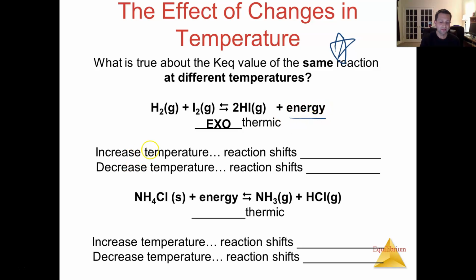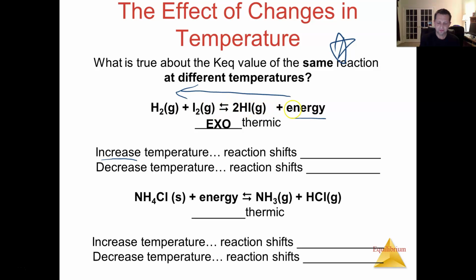An increase in temperature means your reaction then wants to try to decrease the temperature. So the stress is increasing the temperature. The reaction will shift in a way as to use up that energy that was added from that increase in temperature. So in order to use up the energy, this reaction needs to proceed backwards.